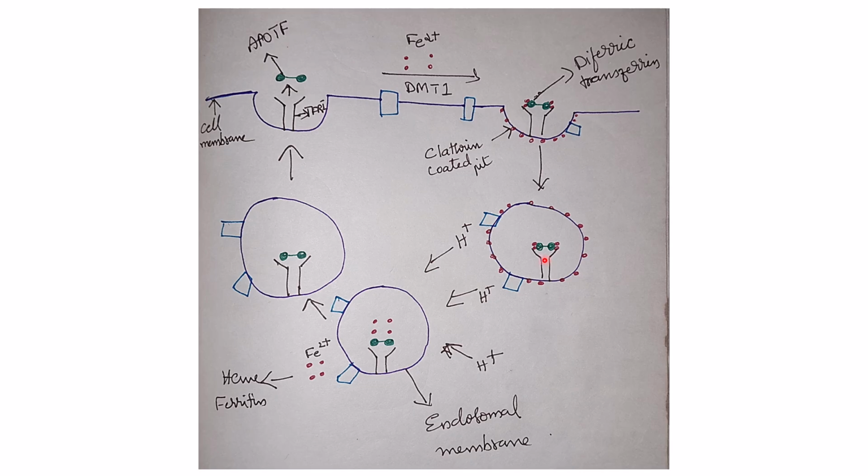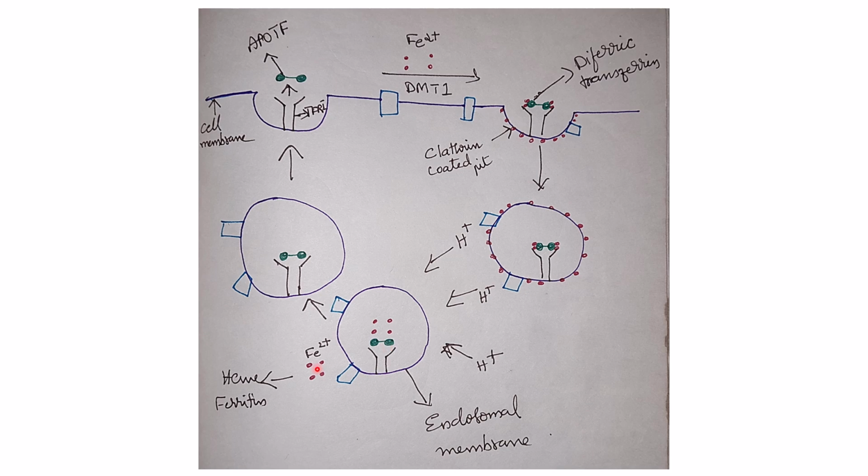And again there will be an influx of H+ ions into the endosome, and once the pH decreases to about 5.5, it will result in the dissociation of the iron from the transferrin. Okay. Now what will happen?